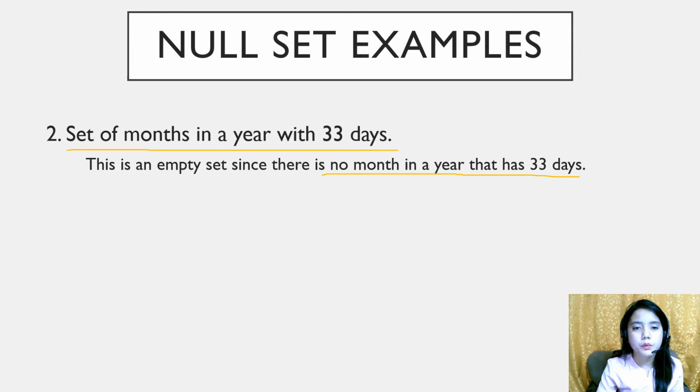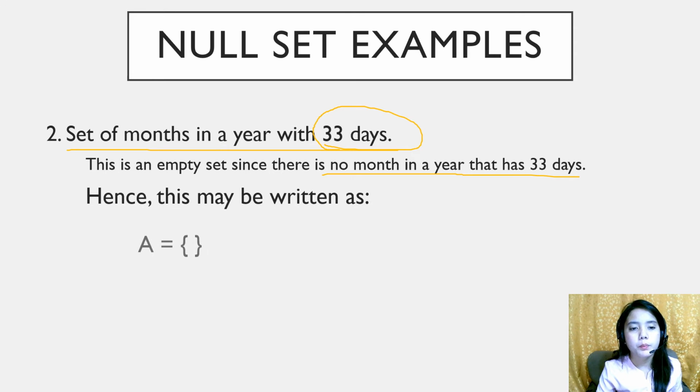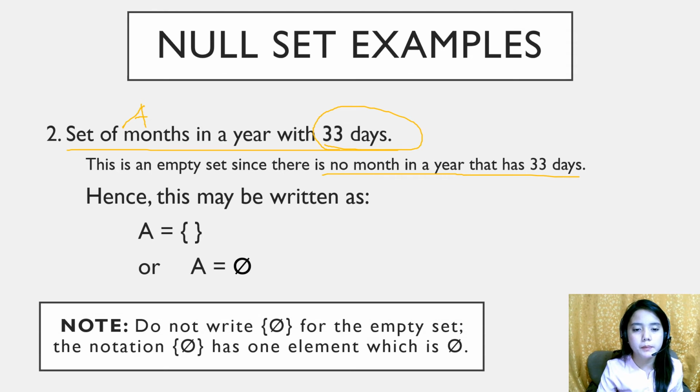So from January to December, okay, it's either 30, 28, 29, or 31 days only. There is no 33 days. So, therefore, how do we write it? Okay, for example, set A is the months, A is equal to empty set or like this. Null set or empty set.